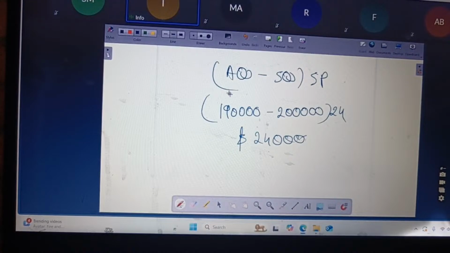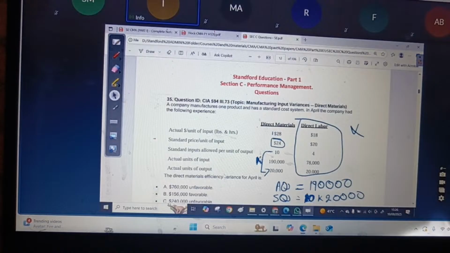Favorable or unfavorable? Favorable, because they use less than expected. Inputs used in actual is lesser. That's why cost is lesser, operating income is higher. It is favorable. Answer? It's not 24,000.